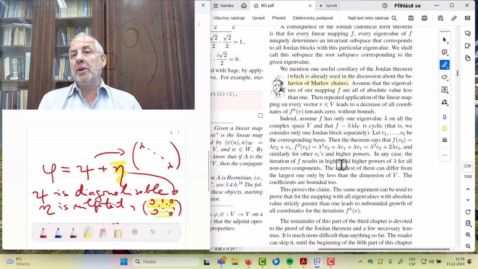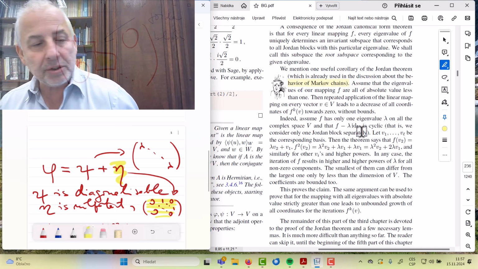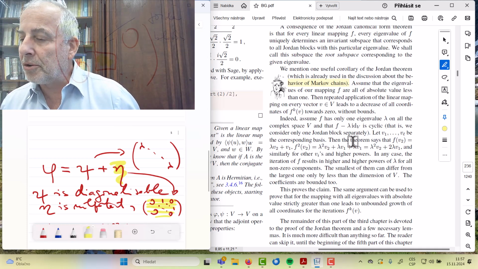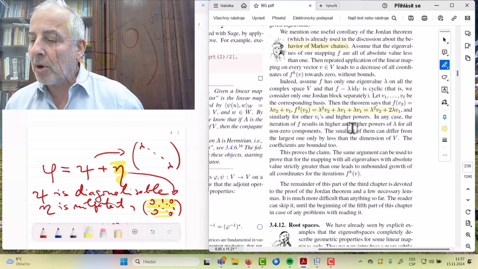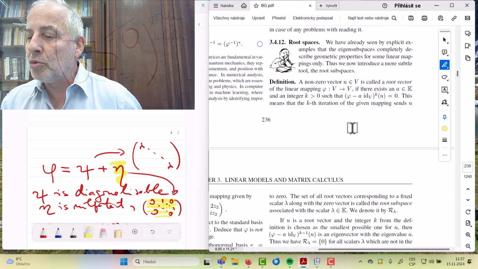So we are again at the same result, that everything dies out, and that's due to this understanding of the general character even of those maps where you don't have enough eigenvectors. Right, so that's how to understand the result and why it's reasonable, and here you see it more explicitly in the text. That's exactly what I was trying to indicate. And I also touched already on what we call the root spaces, right?